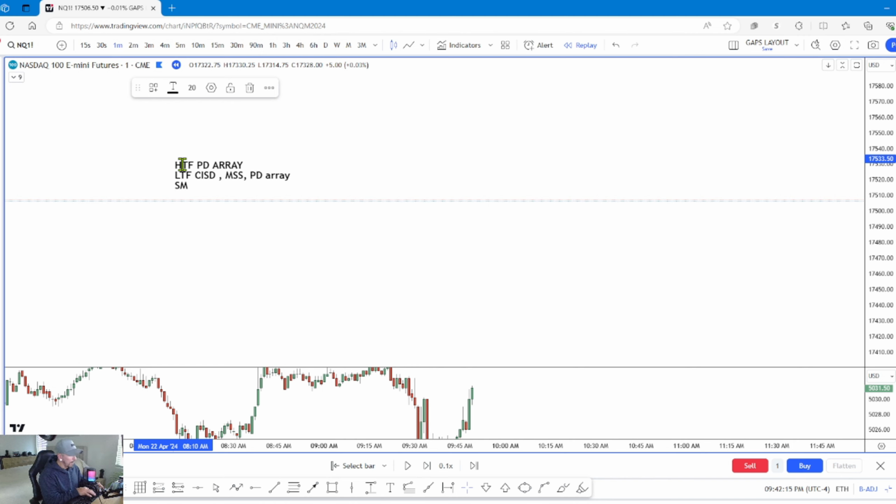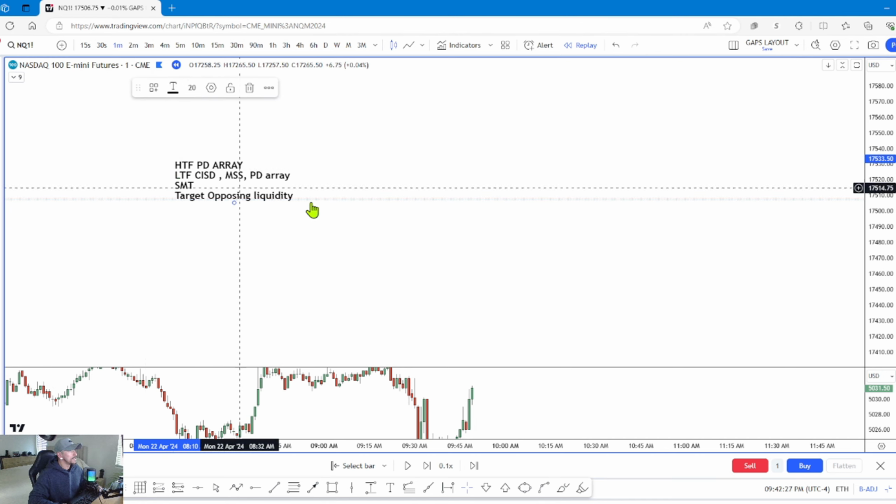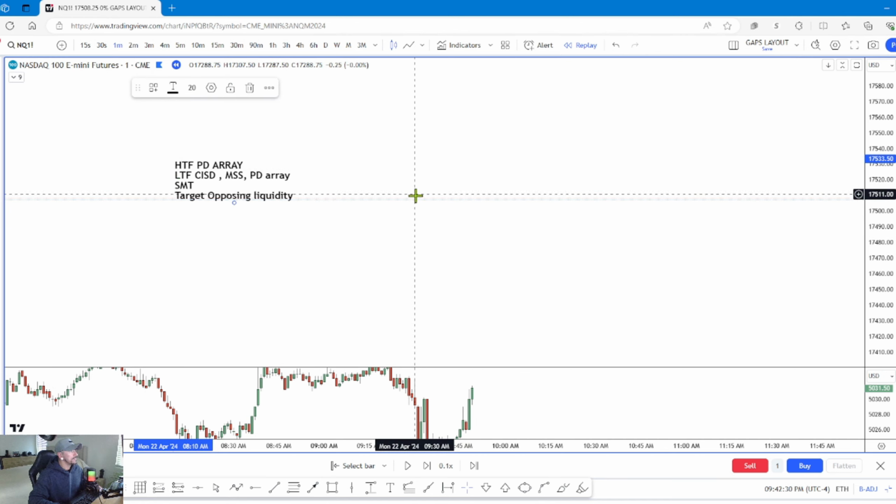Then we're going to also want SMT and target the opposing liquidity. So boom, that is everything you'll need.